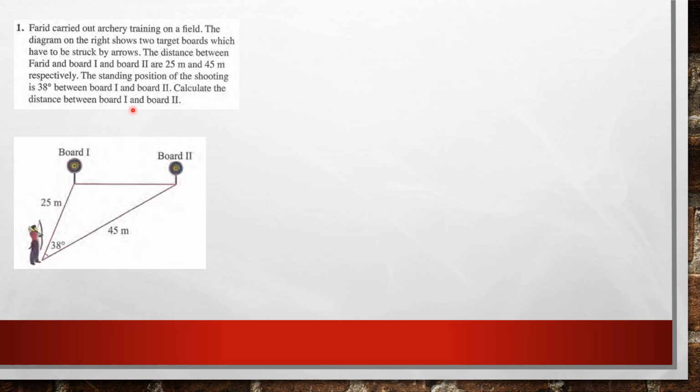Calculate the distance between board 1 and board 2. That means they ask what is the distance between board 1 and board 2 here. So you can see clearly that this one we can apply cosine rule. That means we know the opposite angle here, 38, so we are going to find the opposite side.